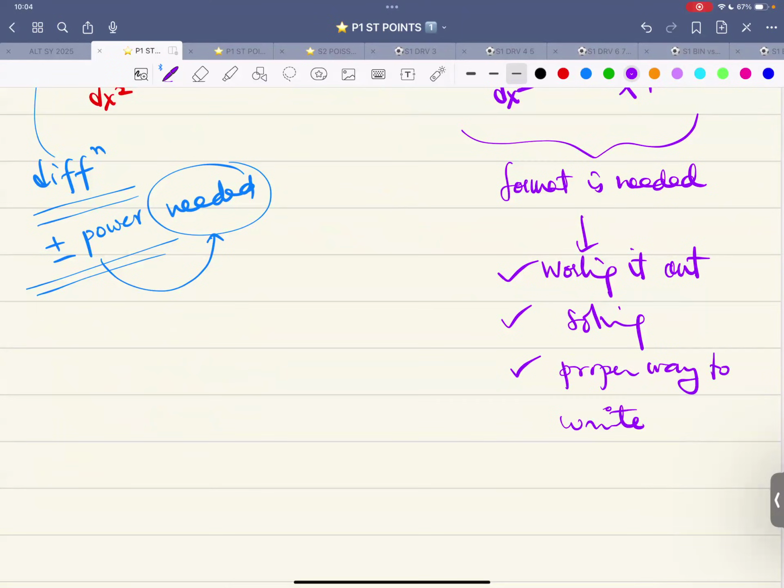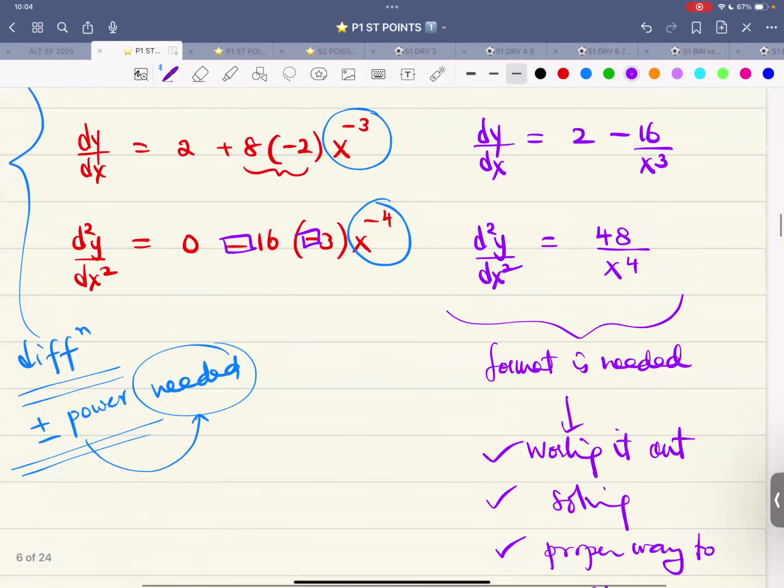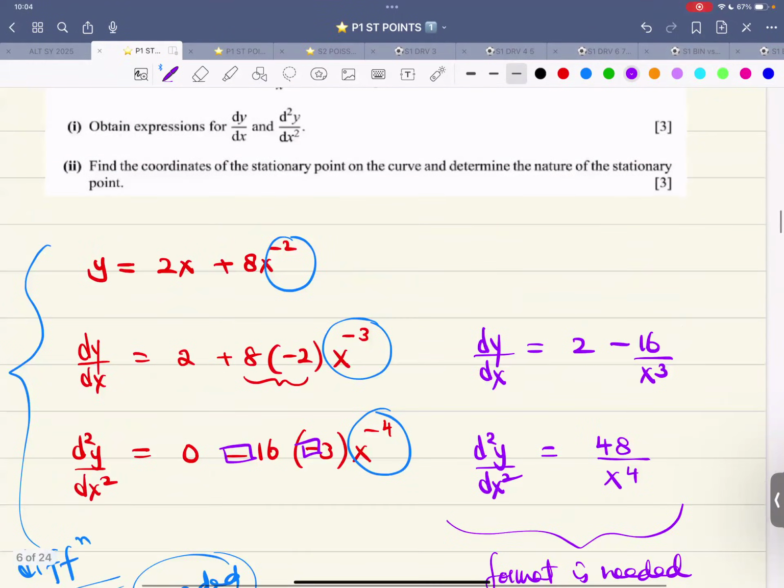So for differentiation, the red format is needed. For further working, the purple format is needed. Now, when we are talking about the marks, you will get 3 marks for these two. So maybe 1 mark for this and 2 marks for this, or vice versa.